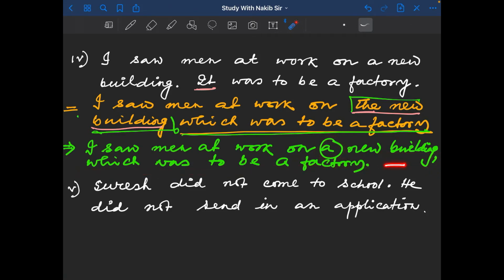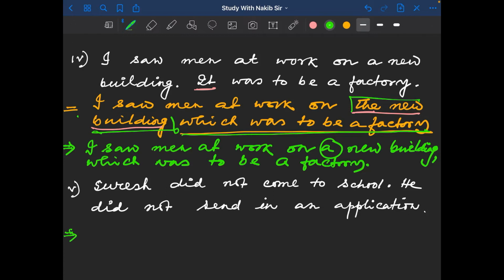This is a compound sentence, this is a complex sentence. You need not bother about whether it is a complex sentence or a compound sentence. Your combined sentence is correct and it is final. Okay. Now come to the next question.